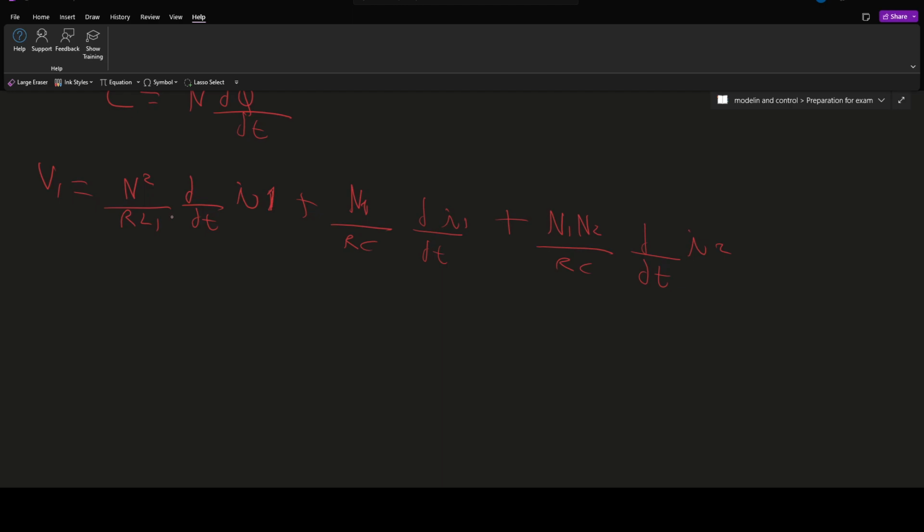Now we have some terms that look interesting here. For example, this one, N1 squared over RL1. Put it over here.